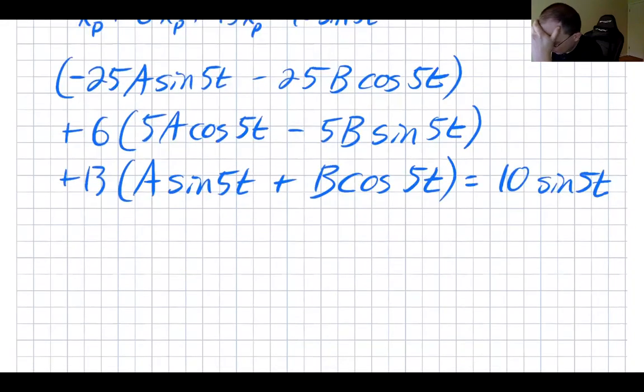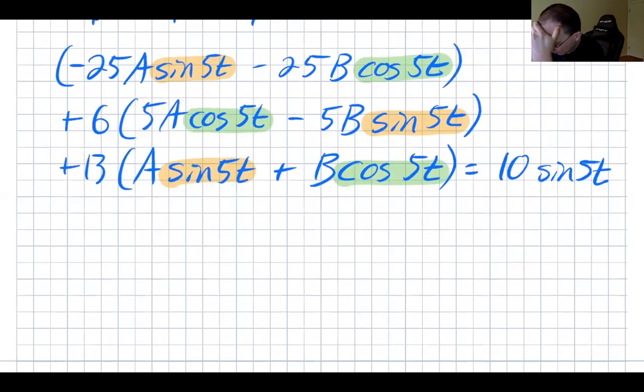Okay, so let's highlight the terms that we're interested in. So sine here, here, and here. And then we have cosine here, here, and here. So that means that when we collect all the sine terms together, we'll have negative 25a.